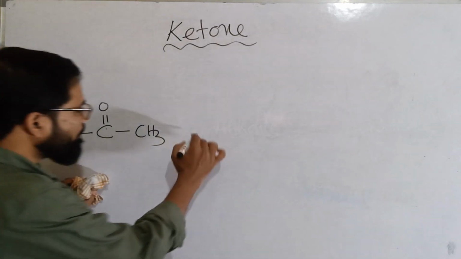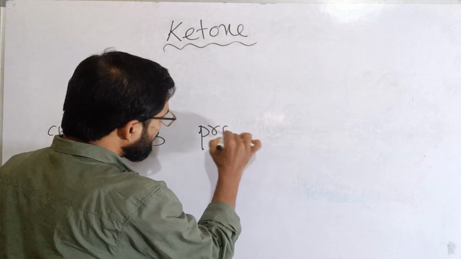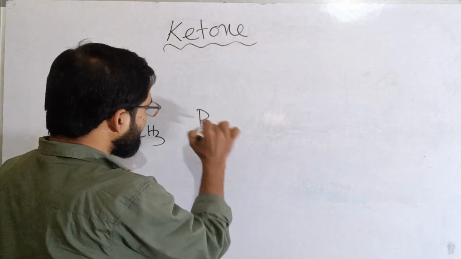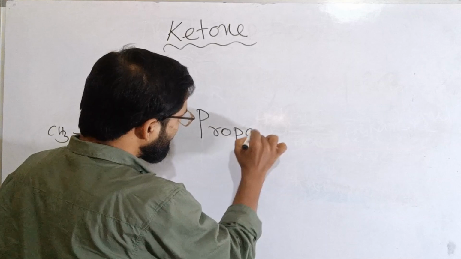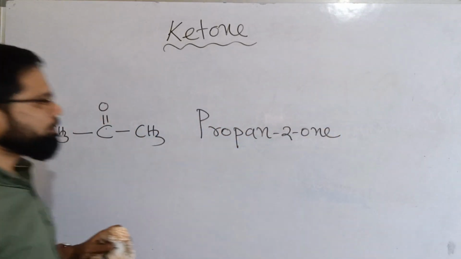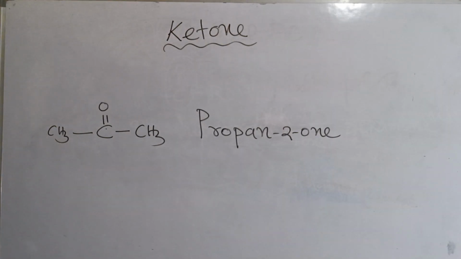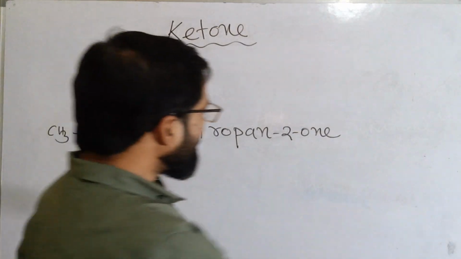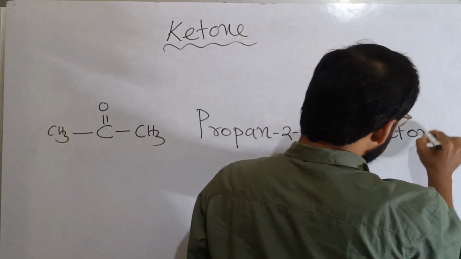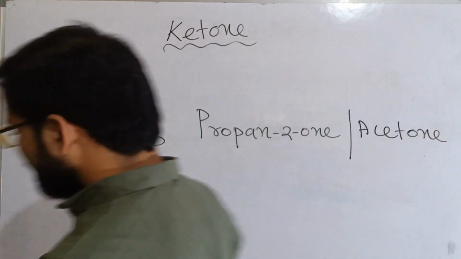So the name will be propan-2-one. Or the common name is acetone. The common name is acetone.